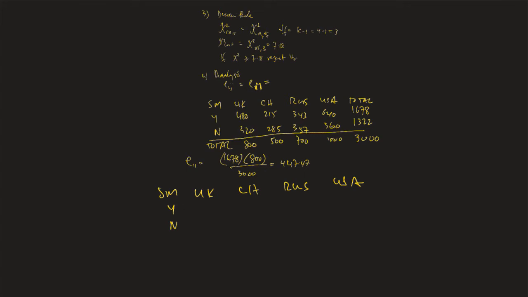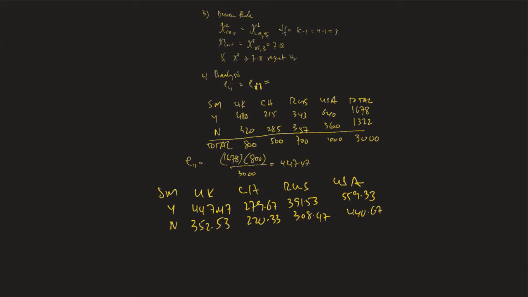So you get 447.47, then you get 352.53, and when you add that, that gives you 800. Then 279.67 and 220.33, then 391.53 and 308.47, and then 559.33 and 440.67.